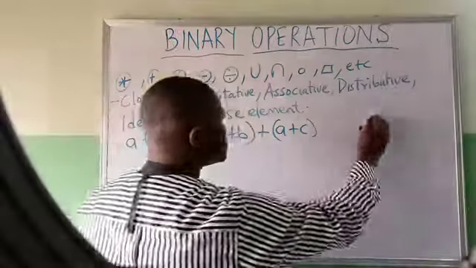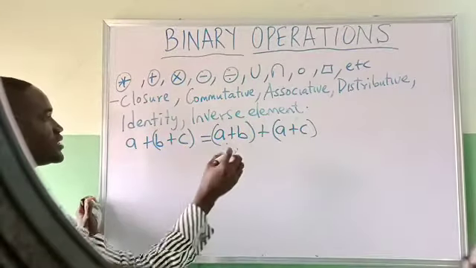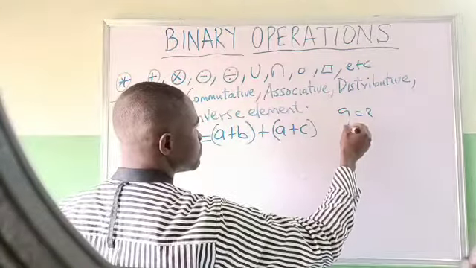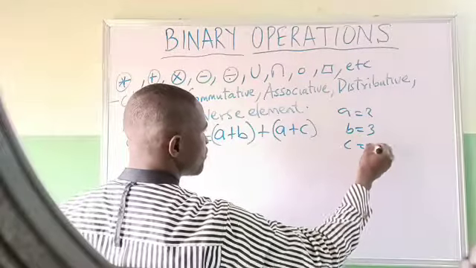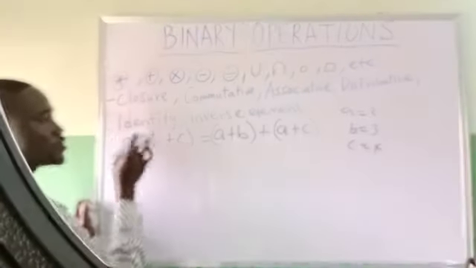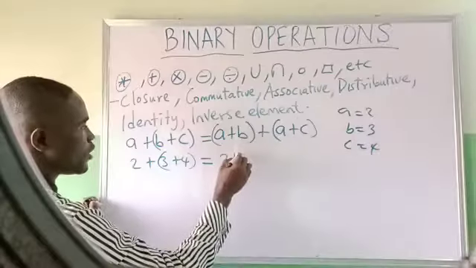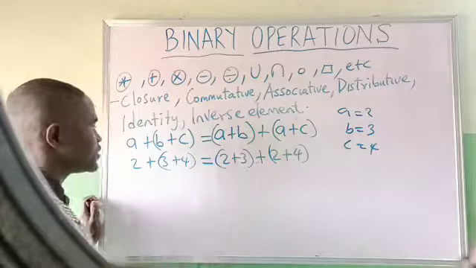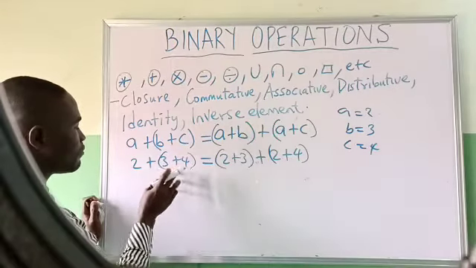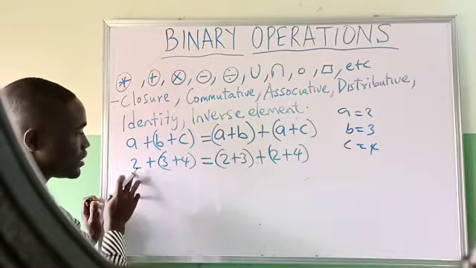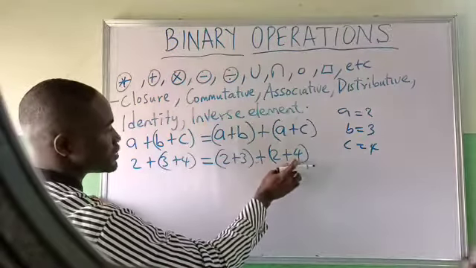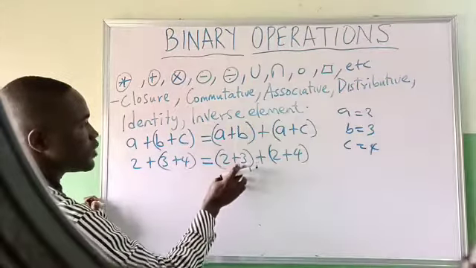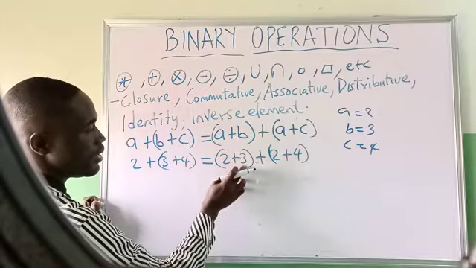So, in distributive property, let's take A to be 2, B to be 3, and C to be 4. Under the operation plus, is 2 plus (3 plus 4) equal to (2 plus 3) plus (2 plus 4)? Let's check. 3 plus 4 is 7, 2 plus 7 is 9. 2 plus 3 is 5, 2 plus 4 is 6, and 5 plus 6 is 11.